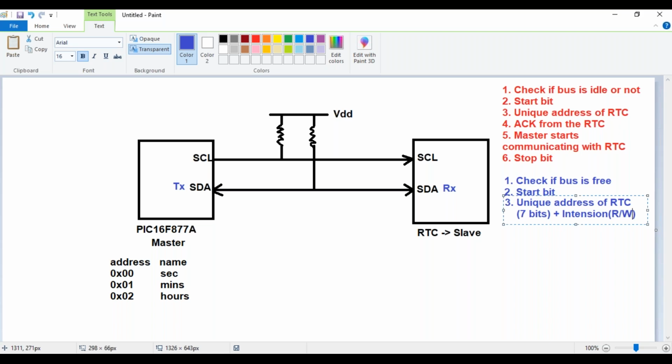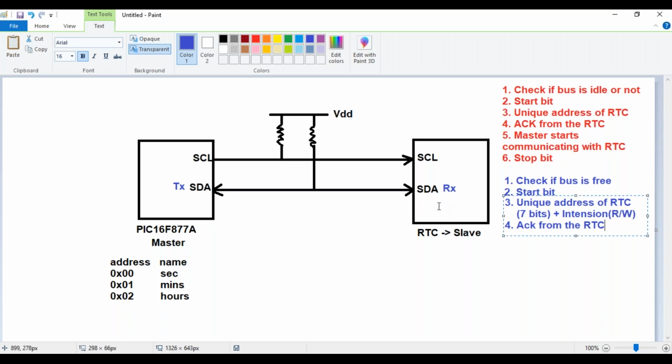Now, after receiving the intention and the unique address, the next step is that the acknowledgement will be given from the RTC. Now, who is the transmitter?